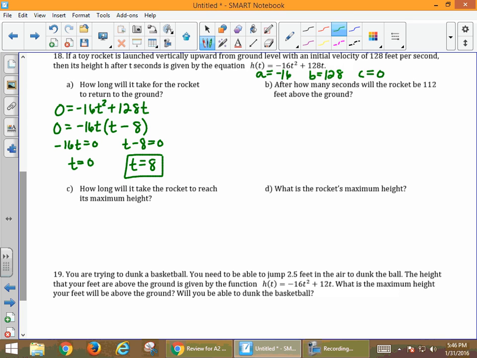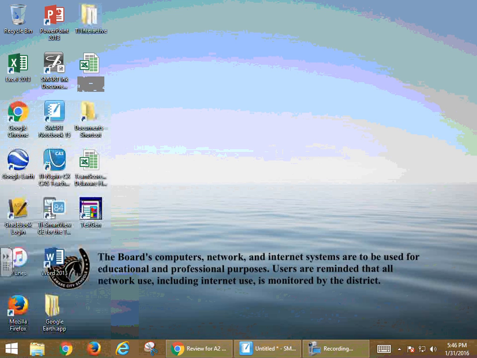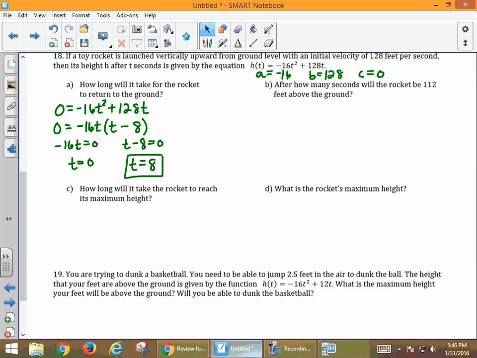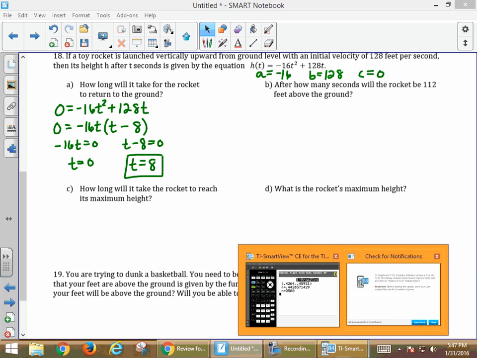Part B says, after how many seconds will the rocket be 112 feet above the ground? I'm going to need my calculator for this one. So let's bring up the calculator.